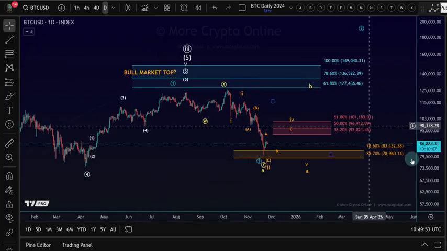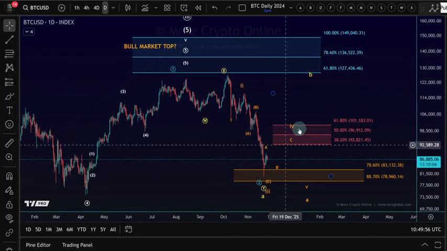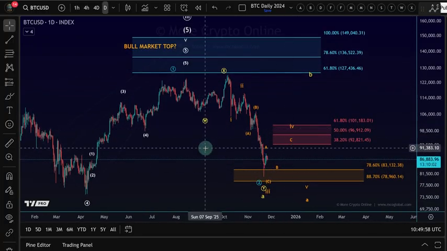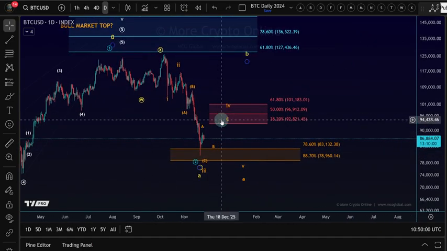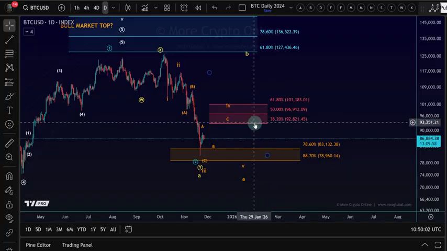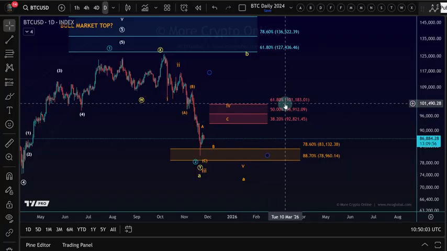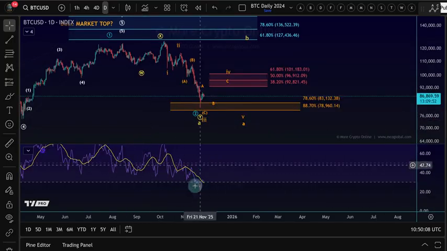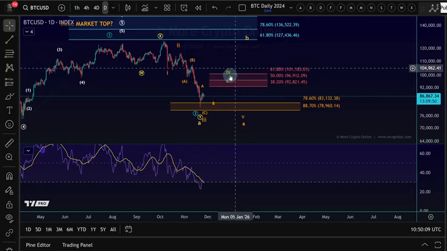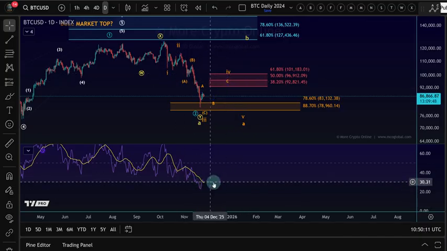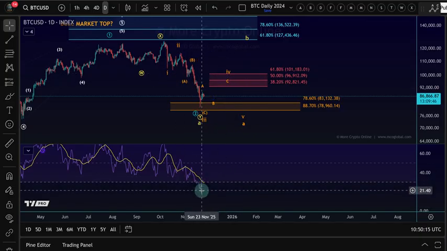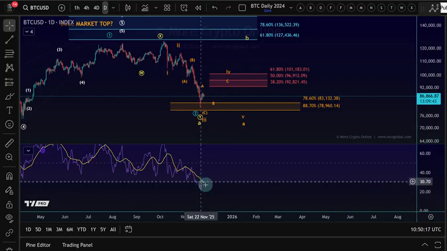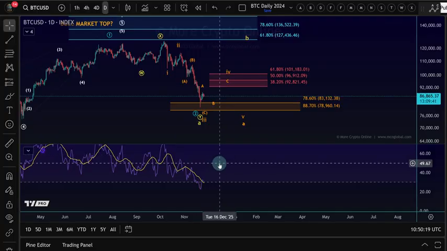And so, with this forecast of a fourth wave bounce, we should see the market grind towards the 92,800 to 101,180 area. The resistance is well defined for a fourth wave. The RSI was oversold. We then recovered a little bit, but we're not really back in bullish mode, okay?